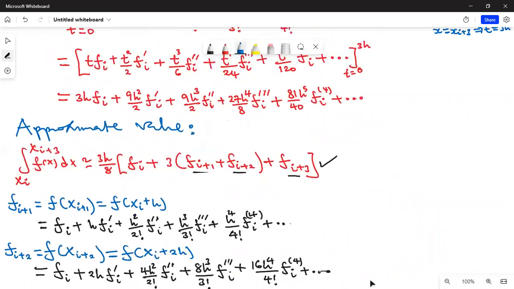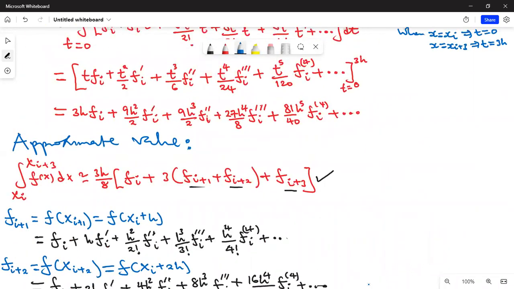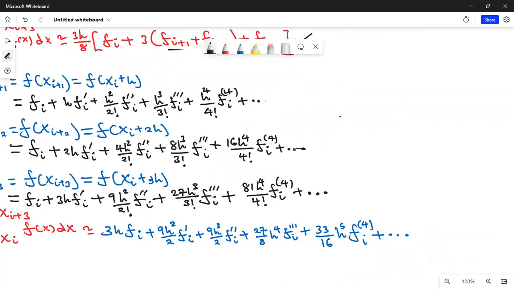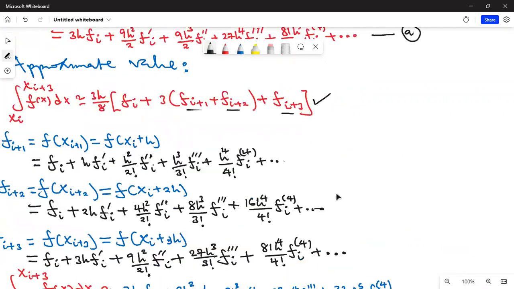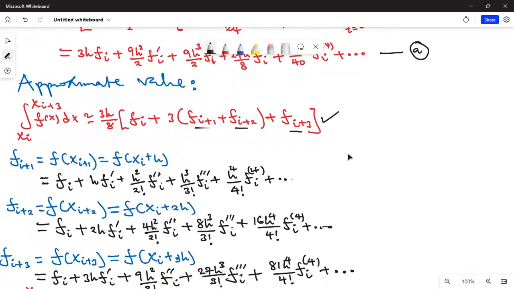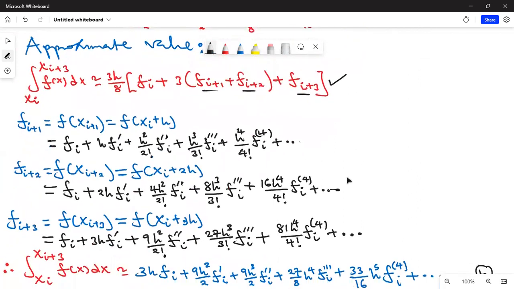So let me call the exact value A, equation A. That was the exact value of the integral. And now the approximate value, let us call it B. So when you want to find the error, it is simply A minus B. And if you look at them, when you subtract, you see the first terms are the same all the way up to the third order term.